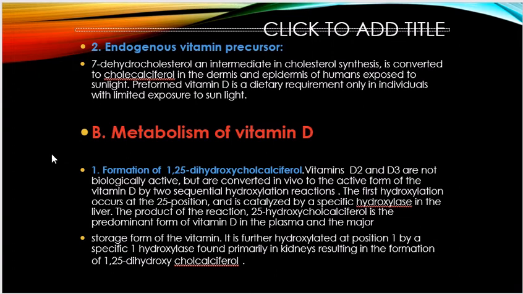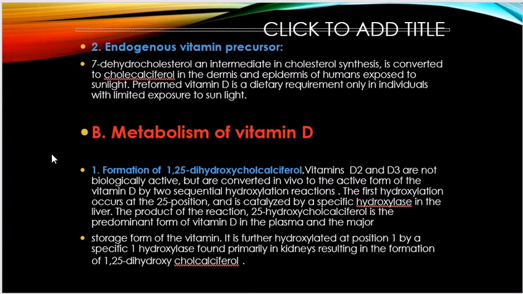And regarding the metabolism of vitamin D, the first step is the formation of 1,25-dihydroxycholecalciferol. Vitamin D2 and vitamin D3 are not biologically active, as I have discussed earlier, but they are converted into the active form of vitamin D by two sequential hydroxylation reactions.